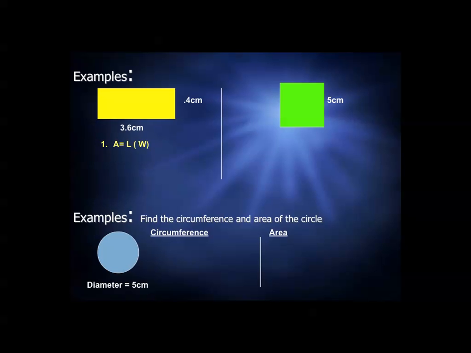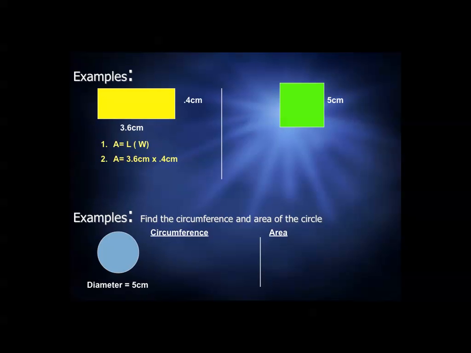When you substitute in your numbers, including the units, area equals 3.6 centimeters times 0.4 centimeters. You will need your calculator in this unit just about every day. What do you get for an answer? Tanya? 1.44 centimeters.